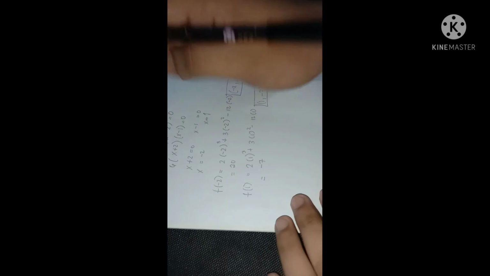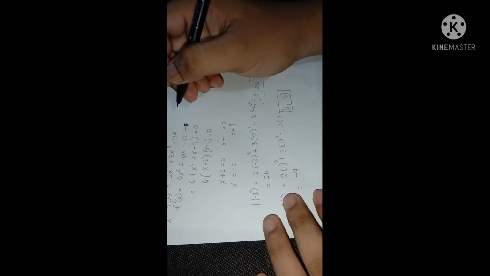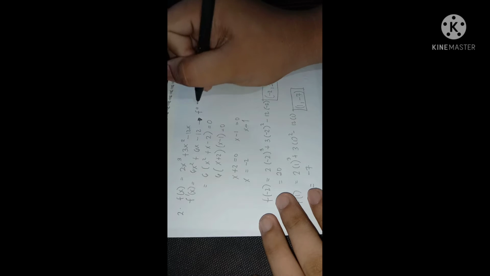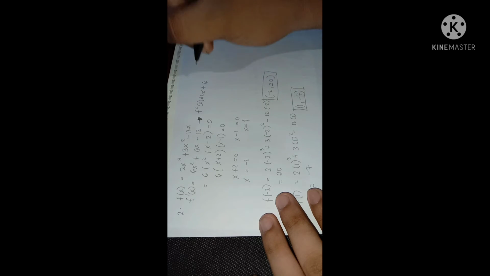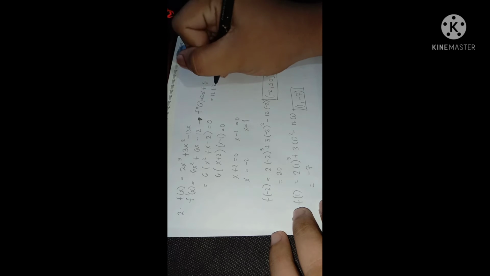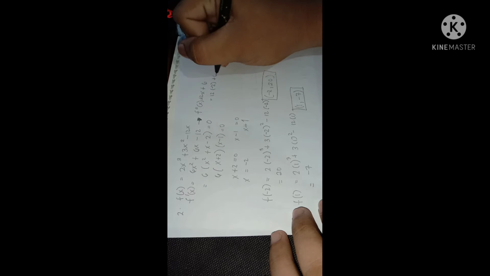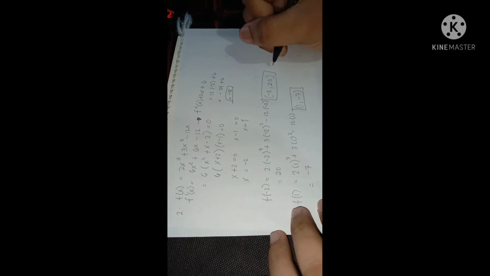The second derivative is 12x plus 6. For x equals negative 2, we have 12 times negative 2 plus 6, which is negative 24 plus 6, so negative 18. It is less than 0, so this one will be the maximum.